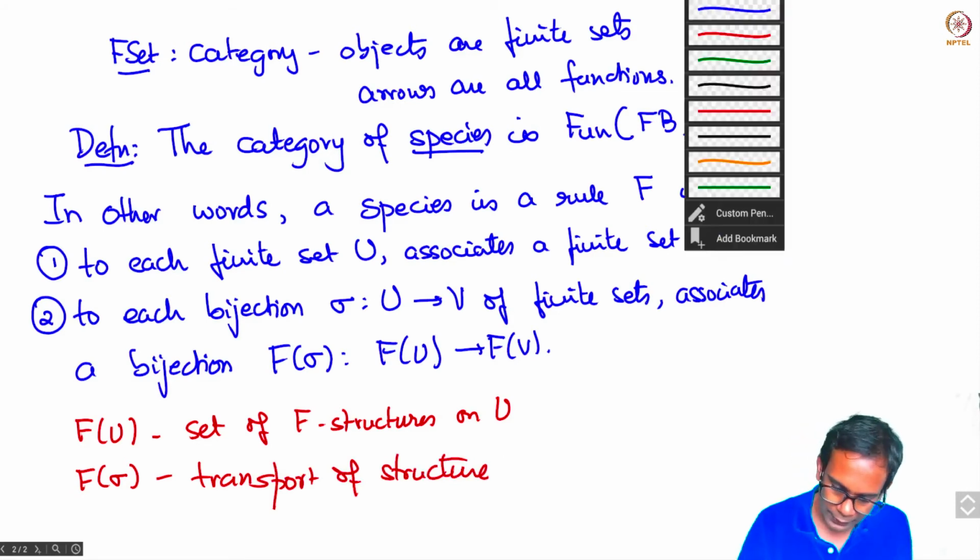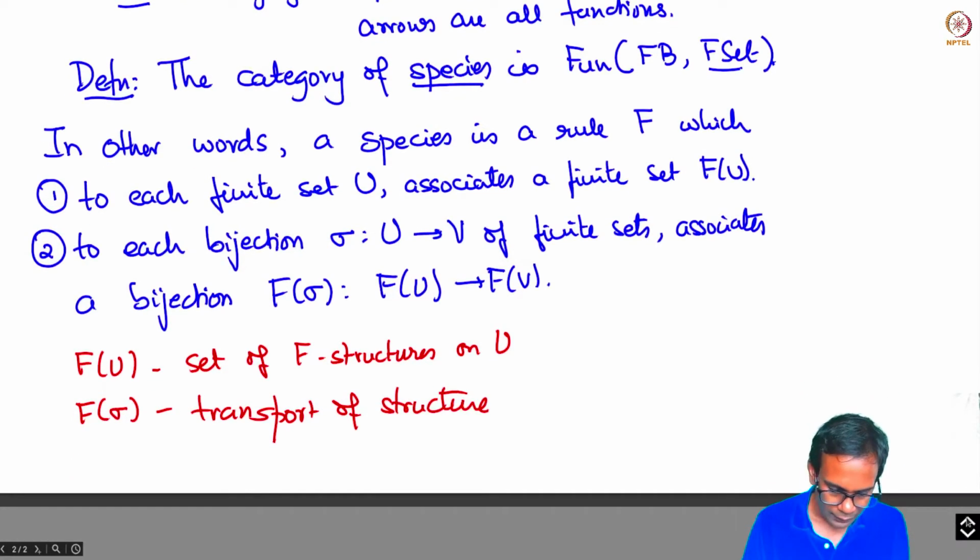We are not done yet with unwinding the definition. These sets and these transport functions must satisfy certain axioms.